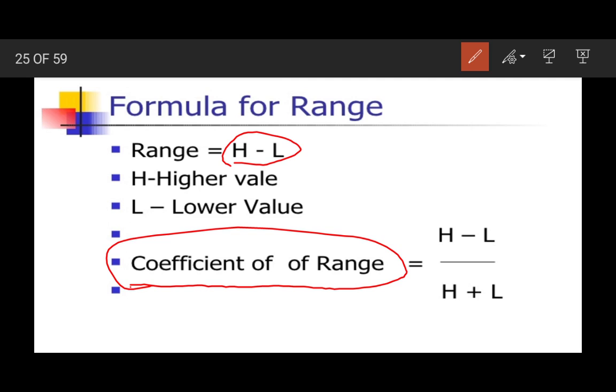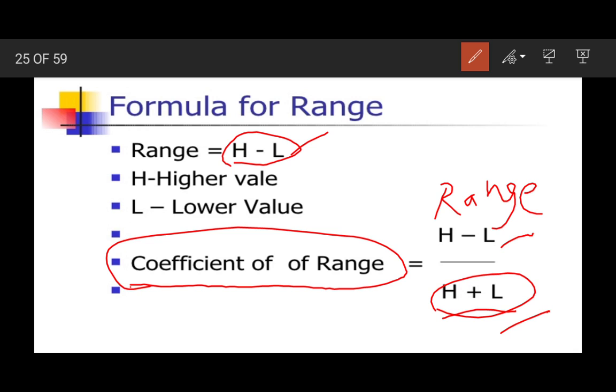Coefficient of range is range upon H plus L. So the formula for range is H minus L, and the coefficient of range is H minus L upon H plus L.